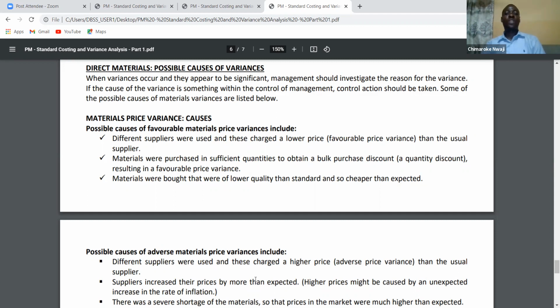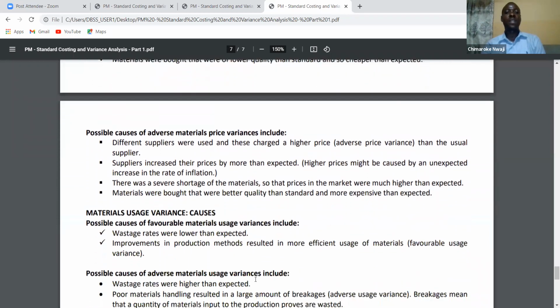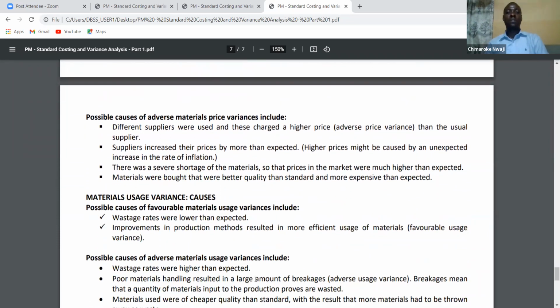What are the possible causes of adverse material price variance? It could be that the suppliers you changed to now charged you a higher price than your former supplier. That will cause adverse. It could also mean that suppliers increase their prices.